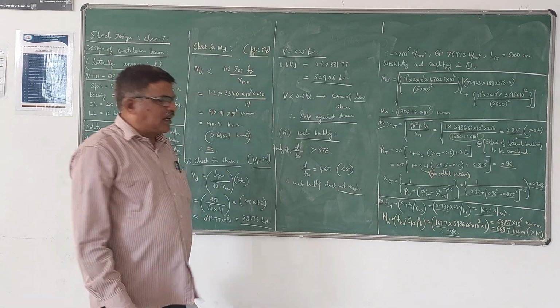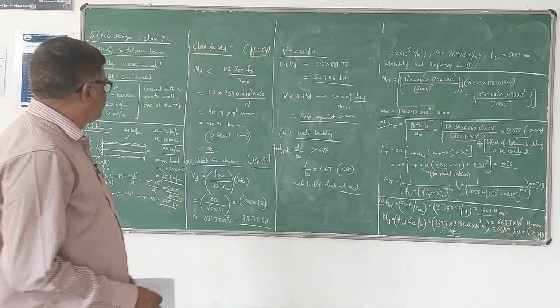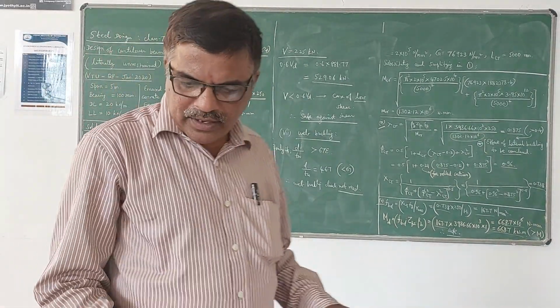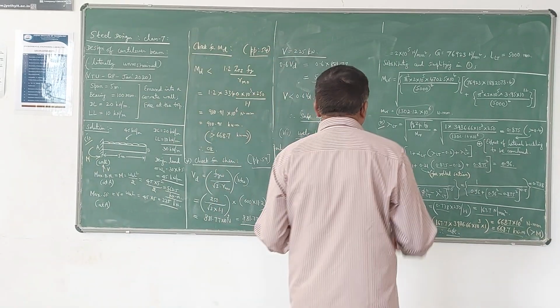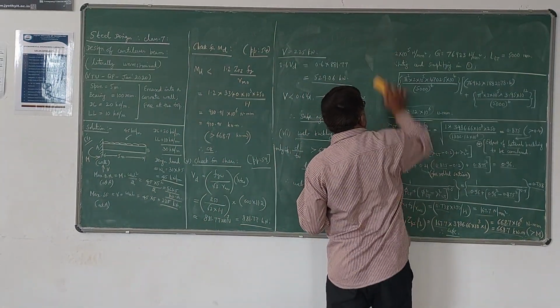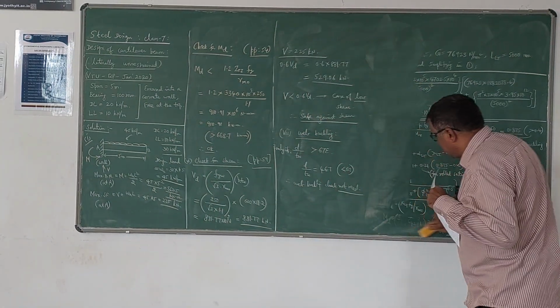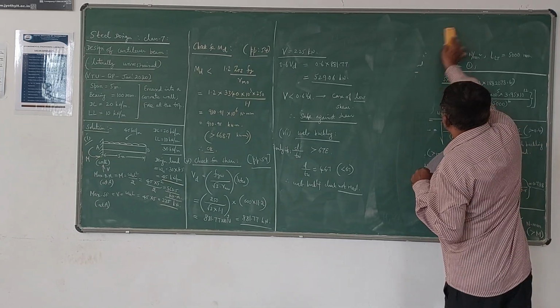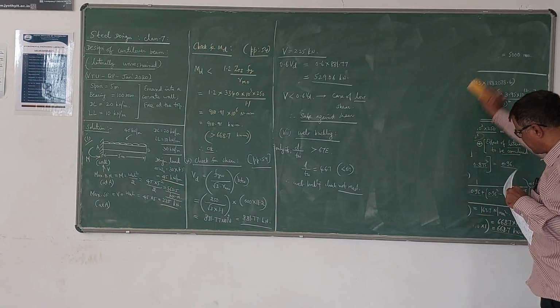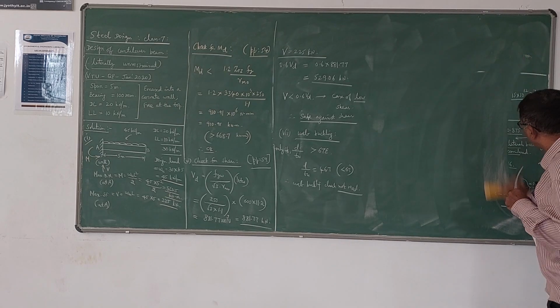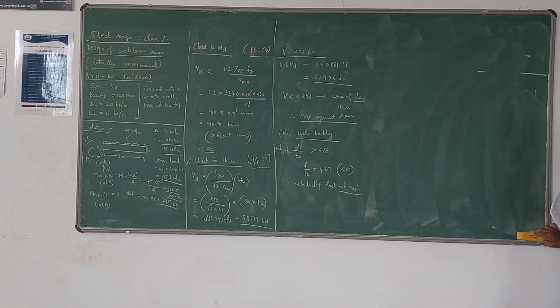So next we have to check for web bearing. So once again, that equation is available in the code, which I had explained in the last video also. So that is the last one.